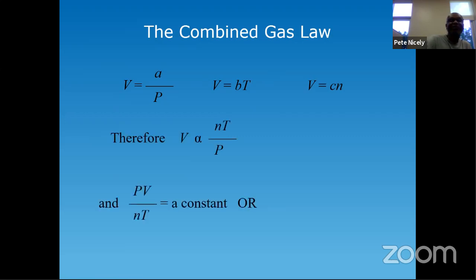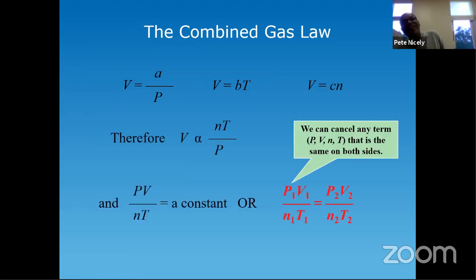Then we can combine them to form what is known as the combined gas law, which can be represented as PV over NT equals a constant, or P1V1 over N1T1 is equal to P2V2 over N2T2. You can use this to solve problems where you're given any 7 of these terms and you're asked to find the 8th term. That's basically the combined gas law, which combines the gas laws that we just learned about: Boyle's, Charles's, and Avogadro's law.